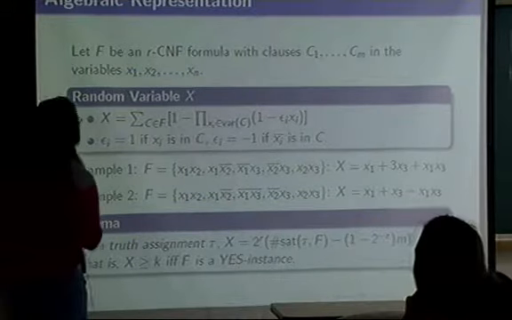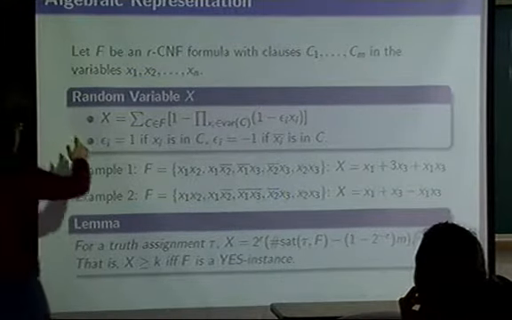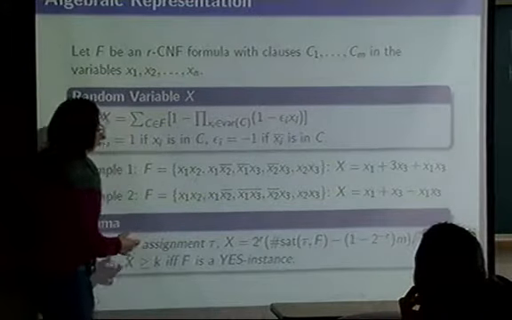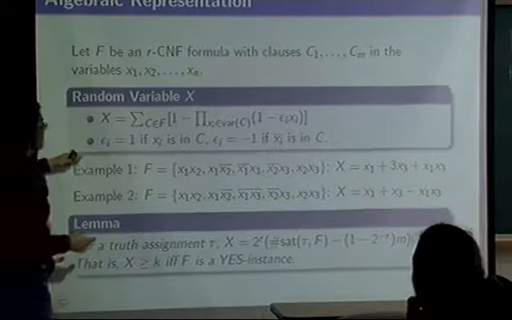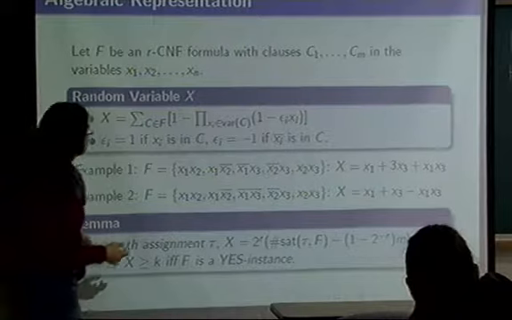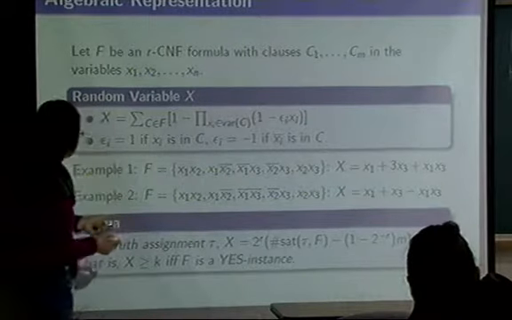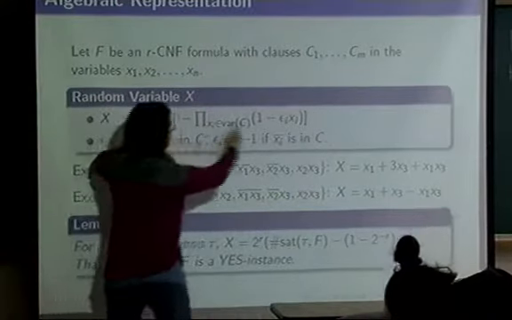So the first thing we do is to represent the R-CNF formula using some polynomial, or you can say random variable. So it's given like this. For each clause you have this.